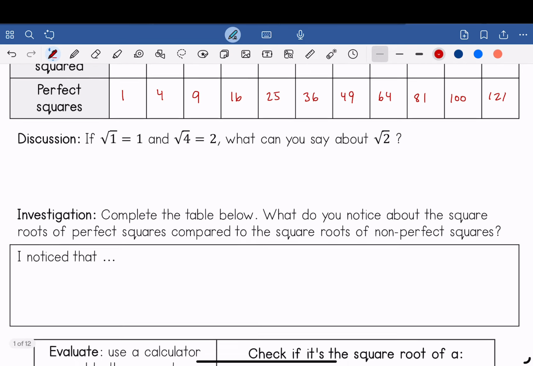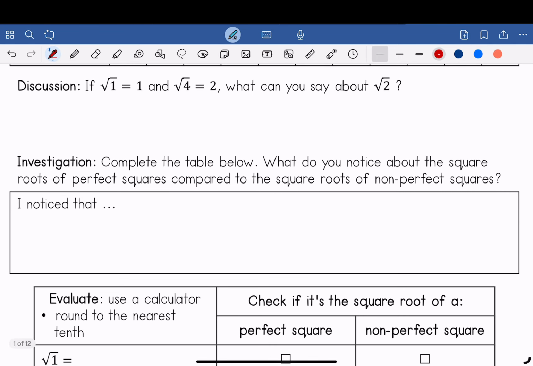Discussion. If the square root of 1 is 1, because 1 to the power of 2, 1 times 1, is 1, and the square root of 4 is 2, what can you say about the square root of 2? So the value of the square root of 2 is a number between 1 and 2.